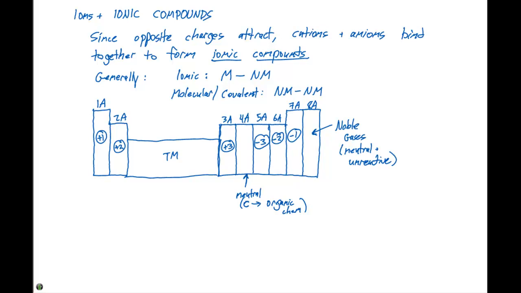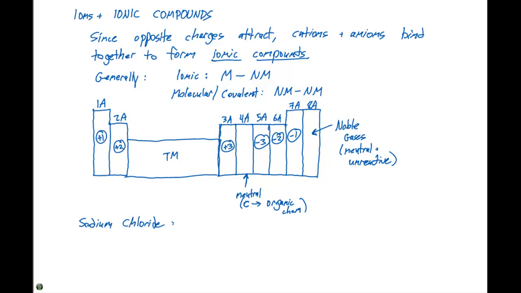So this is going to give us a template to figure out what the charges of each of these cations and anions are, and it will give us an indication of how these ionic compounds form. So, for example, one of the most common ionic compounds is sodium chloride.